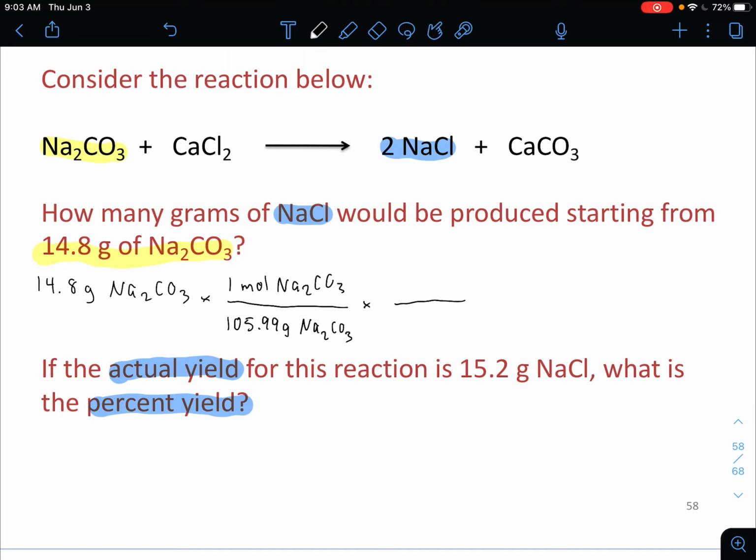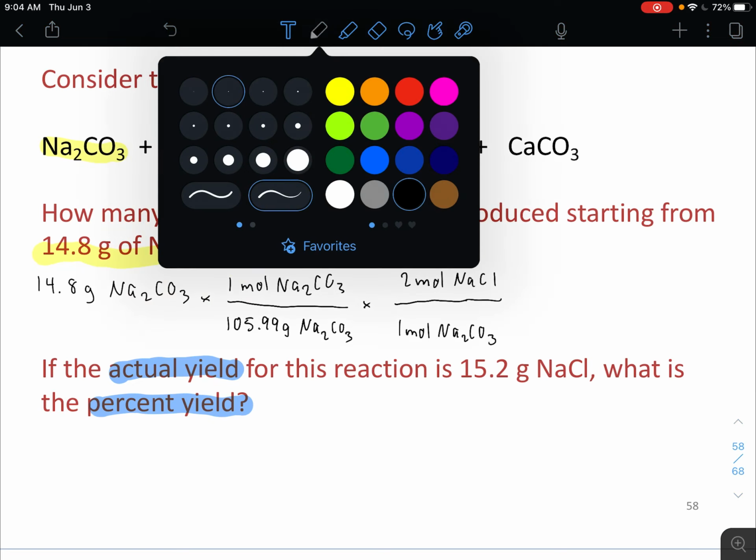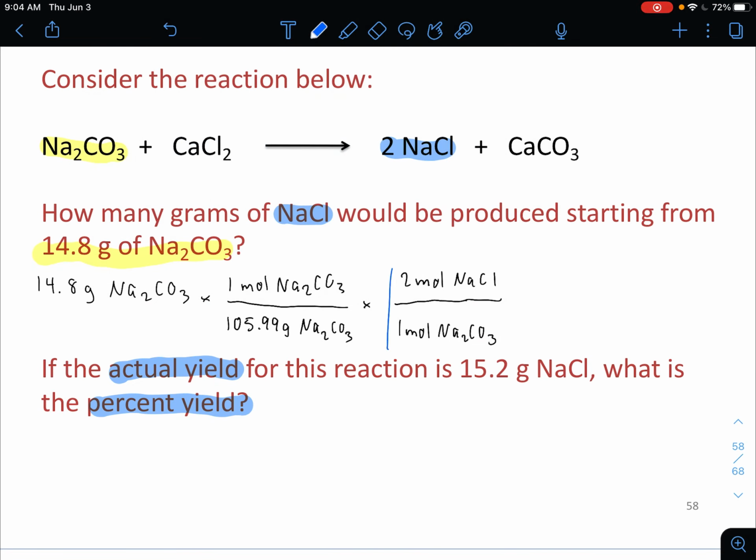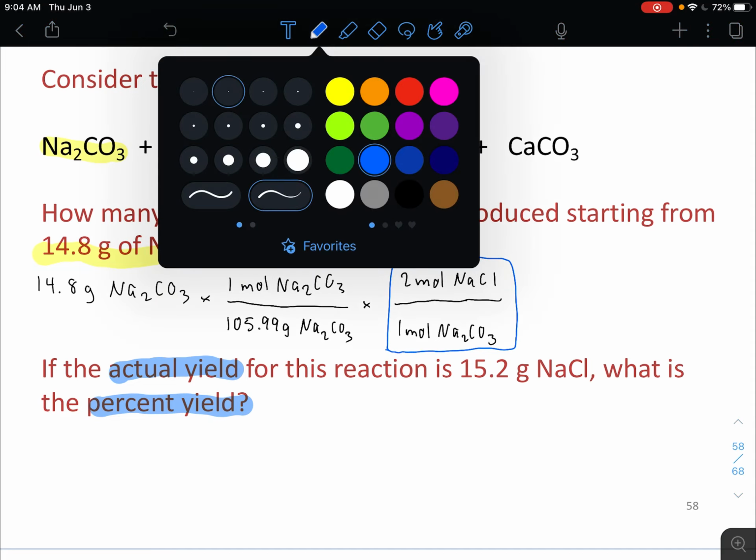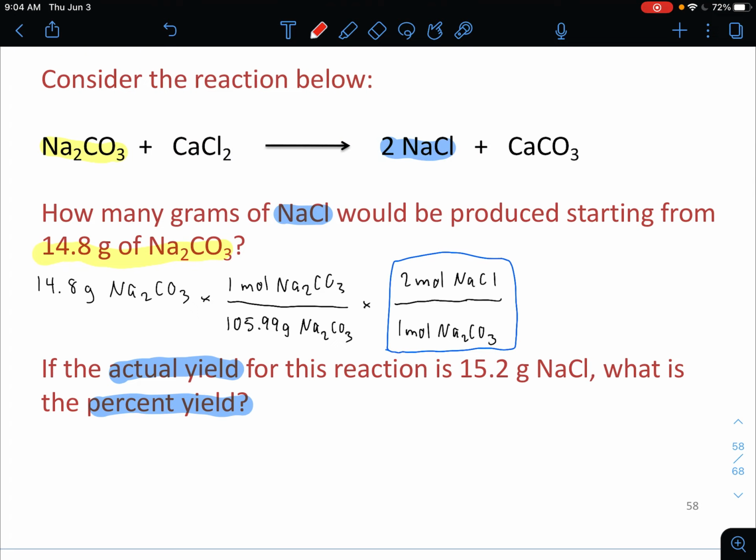And again, for every 1 mole of sodium carbonate in, we get 2 moles of sodium chloride out. Remember, I told you you may see me put a box around this step just to indicate that is the one and only point where we're communicating with the balanced equation. Grams of reactant goes with grams of reactant, moles of reactant with moles of reactant.